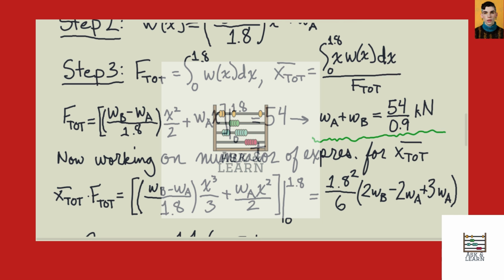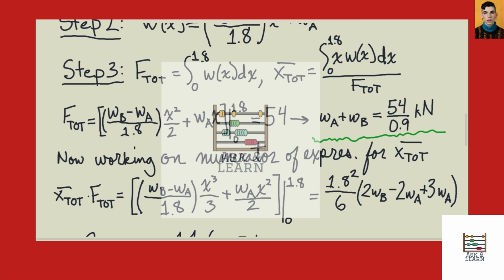Keep in mind that for our system to be in equilibrium, the centroid of the upward linearly varying force density must exactly oppose the centroid of the two downward forces.